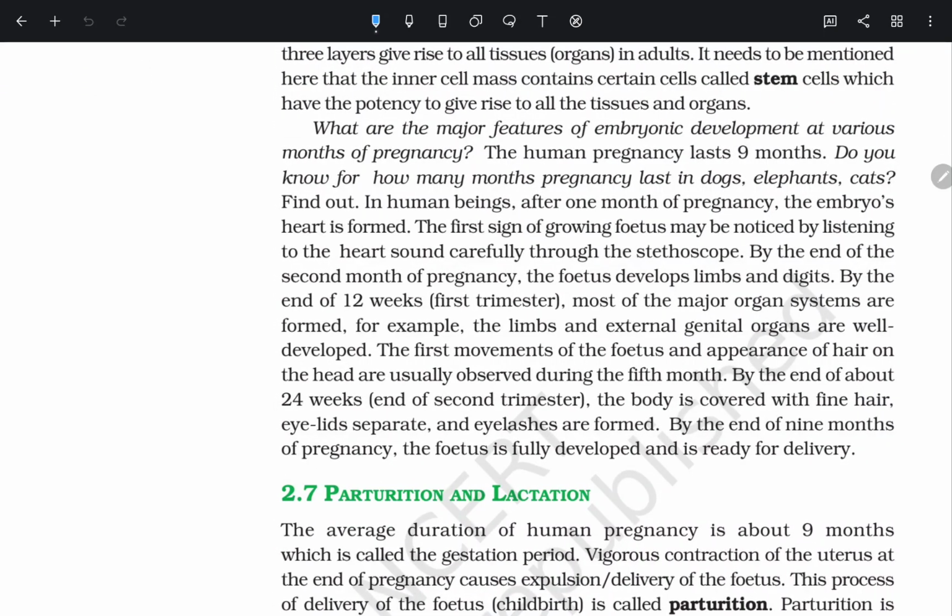The human pregnancy lasts 9 months. Do you know how many months pregnancy lasts in dog, elephant, cat? Find out. In human beings, after 1 month of pregnancy, the embryo's heart is formed.